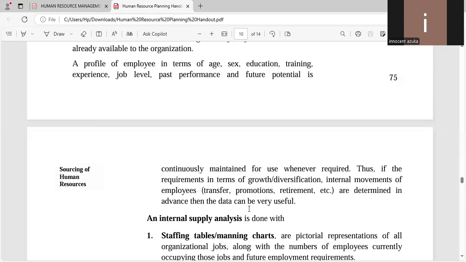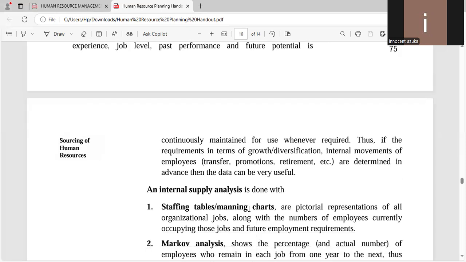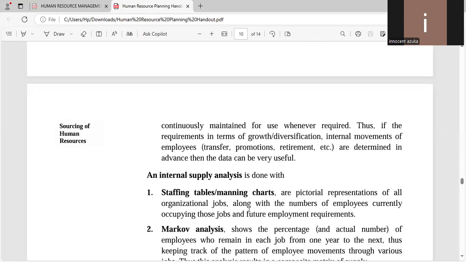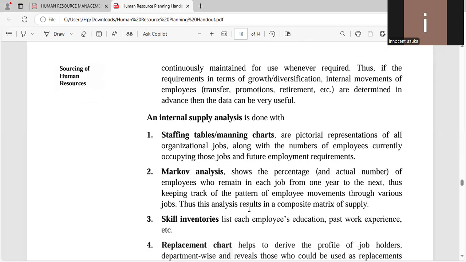Plus, if the requirement is in terms of growth, diversification, internal movement of employees, transfer, promotion, retirement, and determined advances, that data can be very useful.